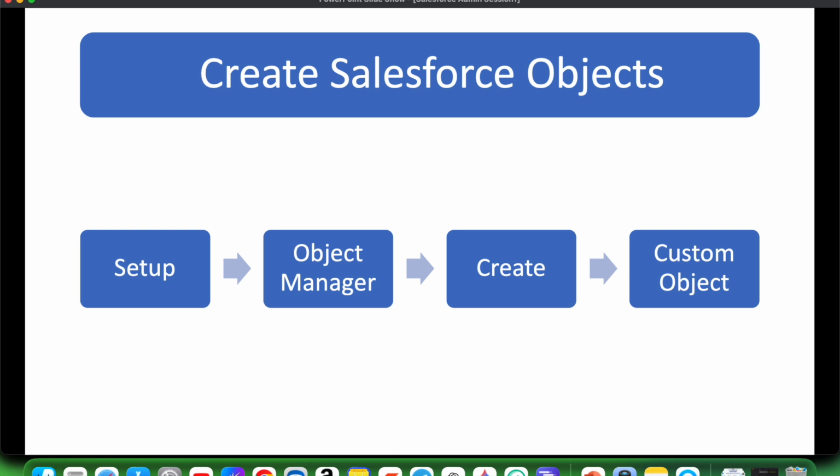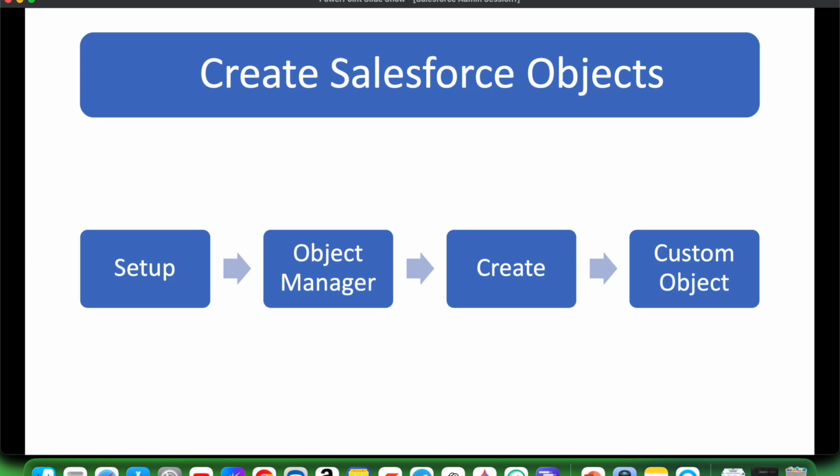So you can use the existing standard objects or create your own objects. Creating custom objects will give you more flexibility. Probably you can edit, you can delete, you can have full control over the custom objects that you have created. But on standard objects, you will not have that control. You can use it and edit it to some extent, but you cannot delete that.